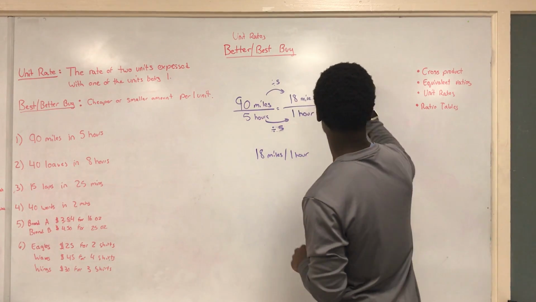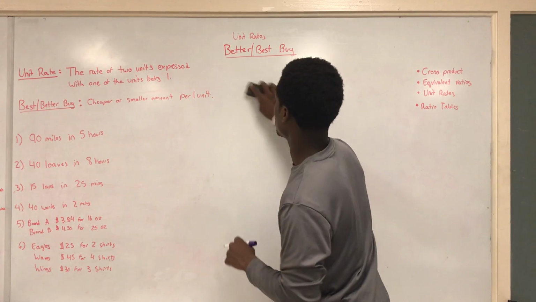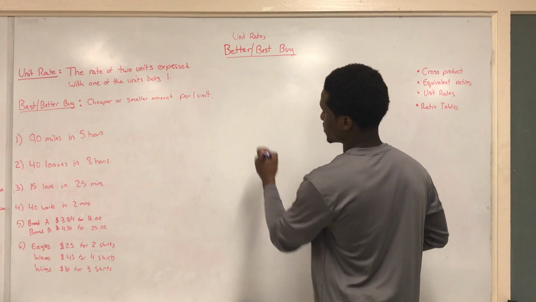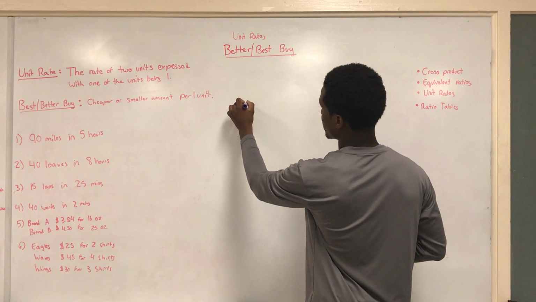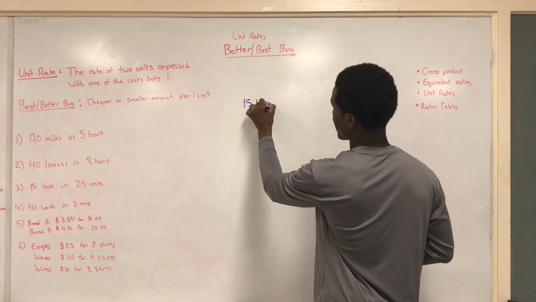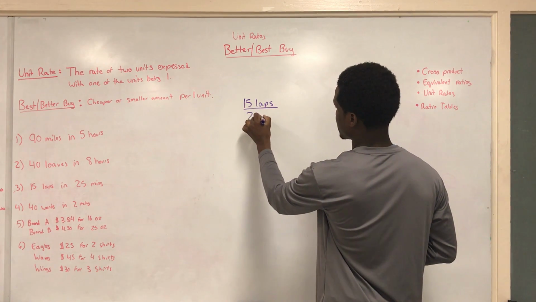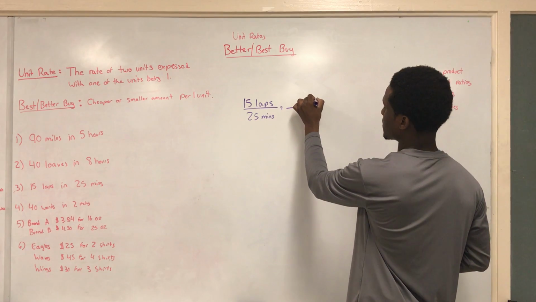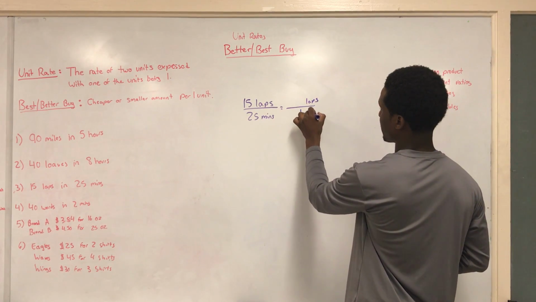Now, I just solved that with equivalent ratios. Let me go ahead and solve another problem with cross product. Let's say I'm running 15 laps in 25 minutes. I want to figure out how many laps I could run in 1 minute.